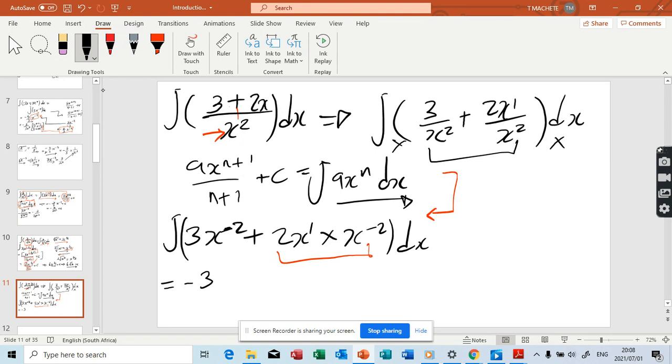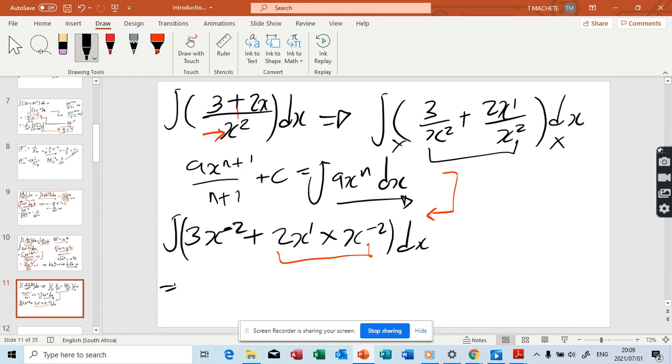Negative 3x to the power negative 1 plus... you only solved this one. Okay, please let's write everything down. Let's solve it together.